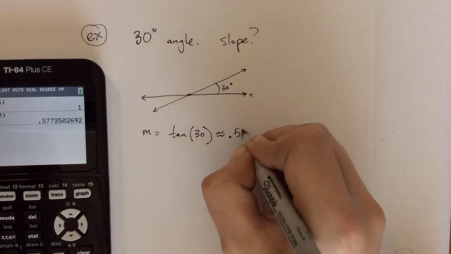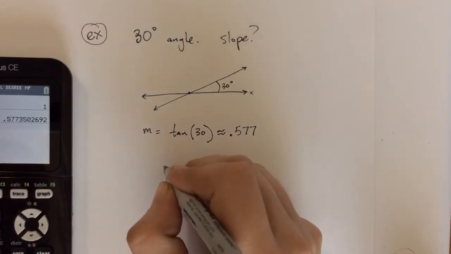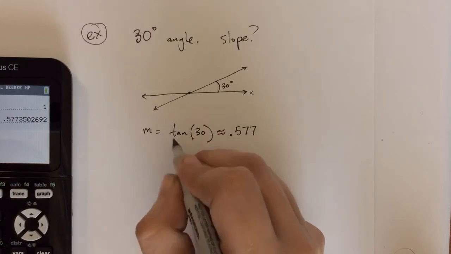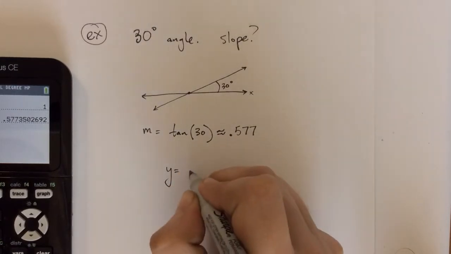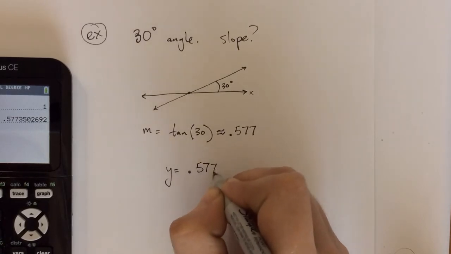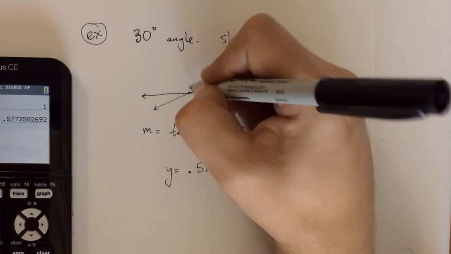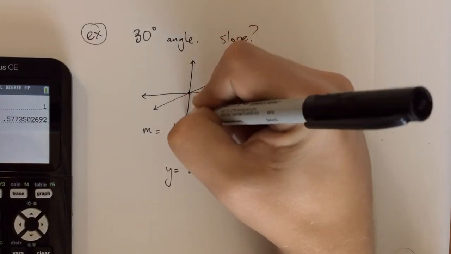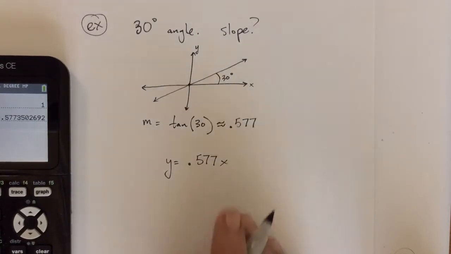So 0.577. So an example of a line that has a 30-degree angle with the horizontal is y equals 0.577x, and then we'll just say plus 0. So that's the line that passes through the origin. Here's the y-axis. This one has a y-intercept of 0.